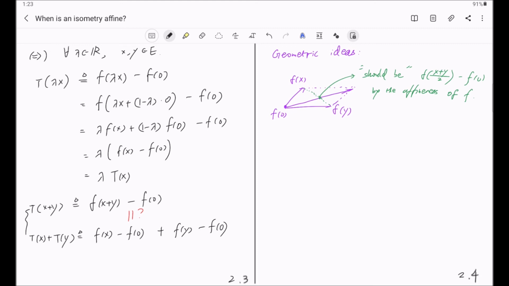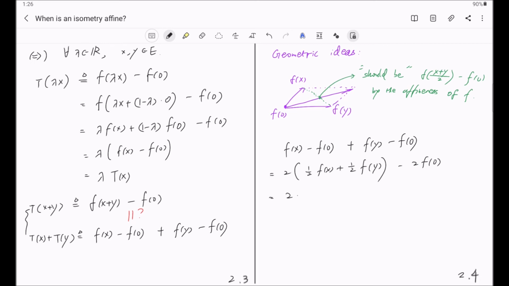So this last line, the sum of those two vectors, is equal to 2 times 1/2 times f of x plus 1/2 times f of y, minus 2 times f of 0.